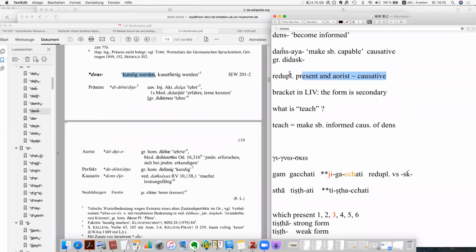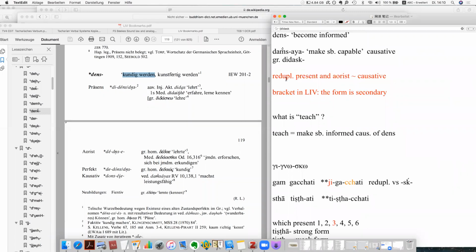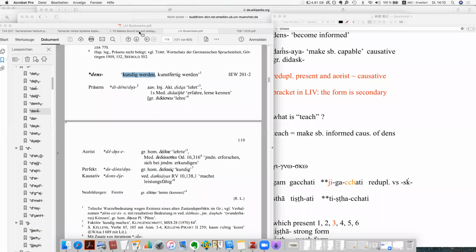So this is another very important thing in Proto-Indo-European. There are actually two important sentences you have to memorize today. In Proto-Indo-European, if you form a reduplicated present or a reduplicated aorist, it often has a causative meaning. And you find it in a lot of other examples. I can give you other examples if you want to know.